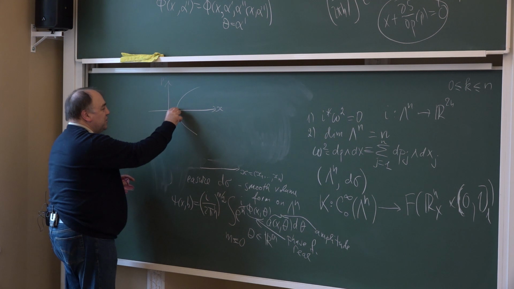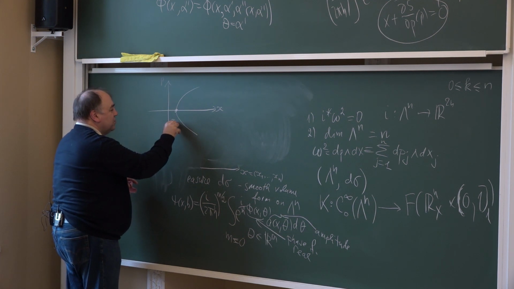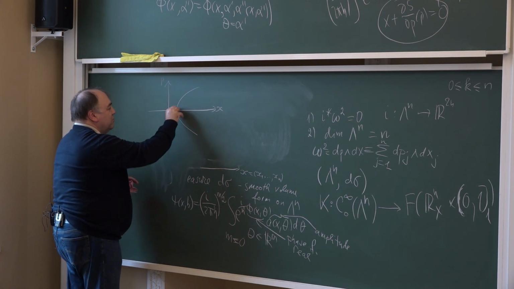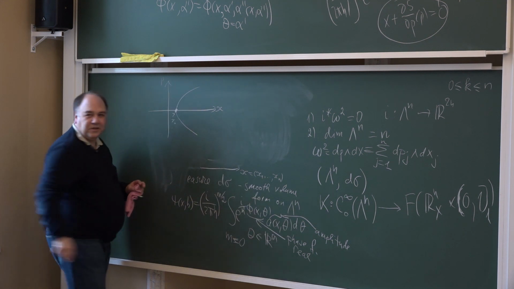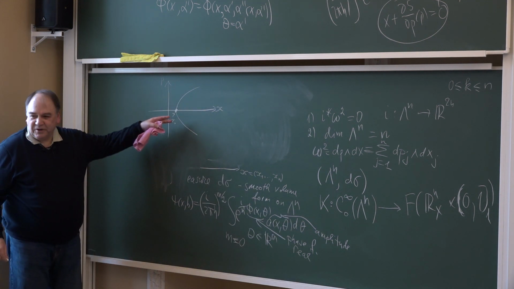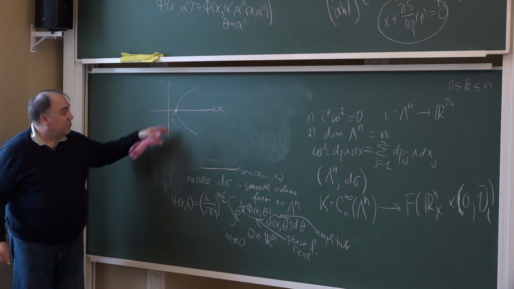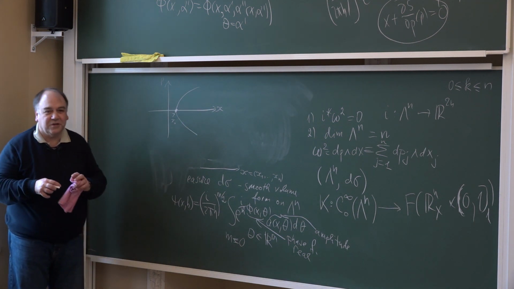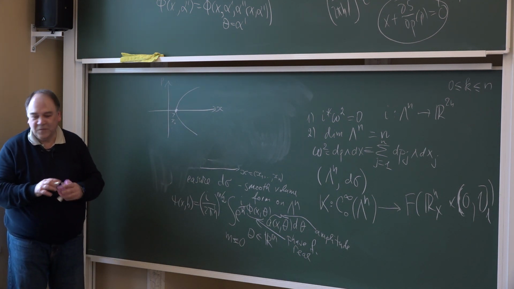Here is this turning point, x naught. And so we have here the dropping rank of the projection, and the manifold looks like that. It closely resembles a parabola.